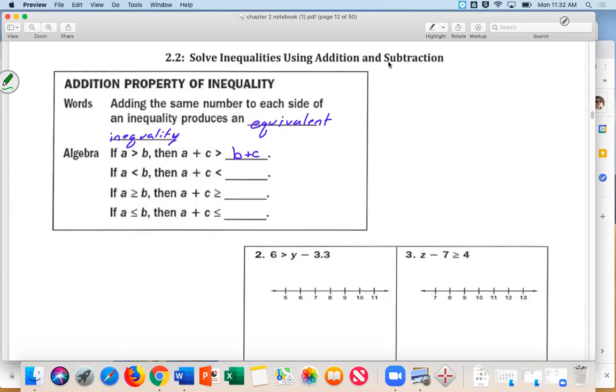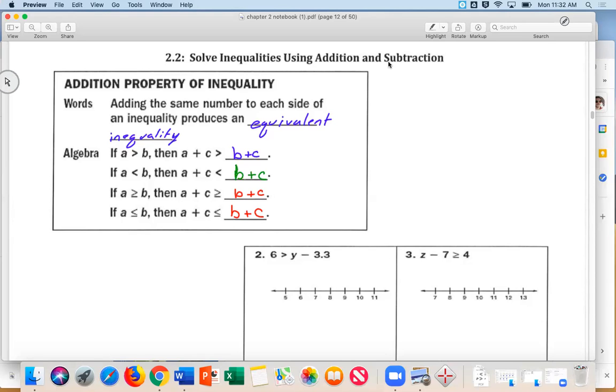If I have A is less than B and I add the same thing to both sides, the inequality still holds true, okay? If I have A is less than or equal to, and I add something, it still holds true. And if I have it the other way, it still holds true.